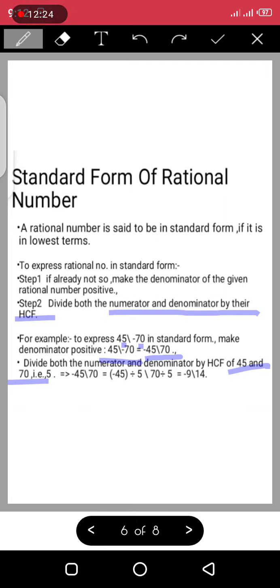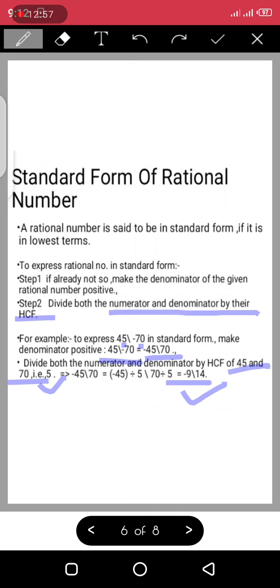We take out the HCF of 45 and 70, which is 5, and then divide both the numerator and denominator by 5. It will give the answer as minus 9 by 14. So this is the standard form of minus 45 by 70.